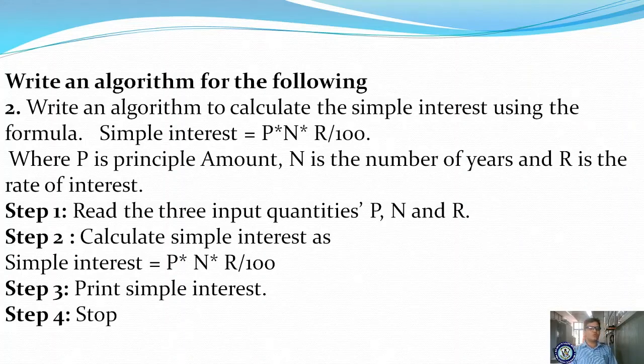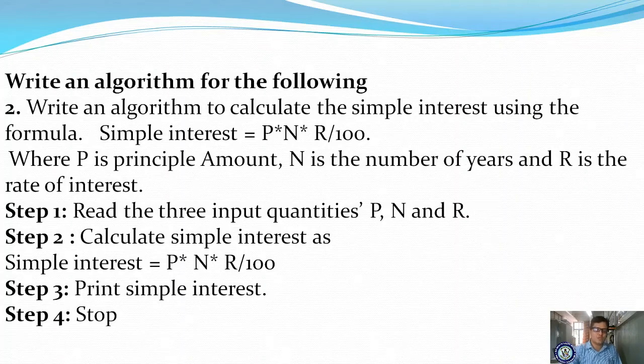Next, in step 2, what are you doing? Calculate simple interest. How do we calculate it? Simple interest is equal to P into N into R by 100. In step 3, you are printing simple interest. Why?